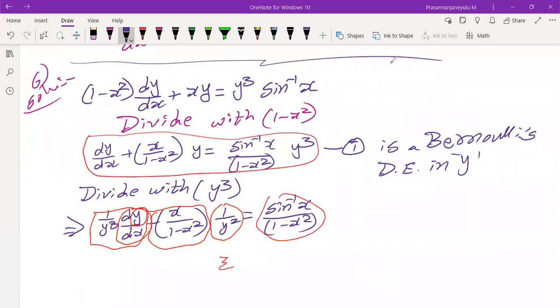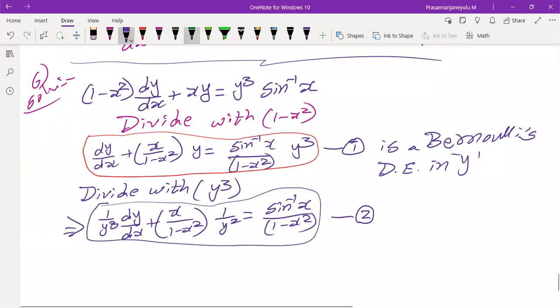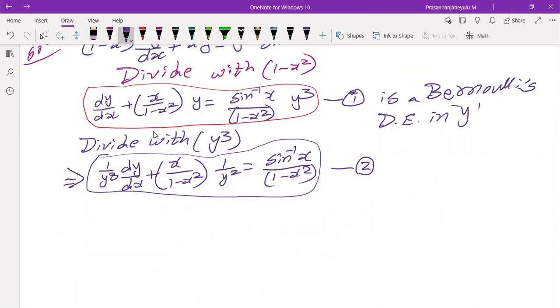So everything is in our format. Taking it as equation number 2, now what do we have to substitute? Put 1 by y square equal to z.